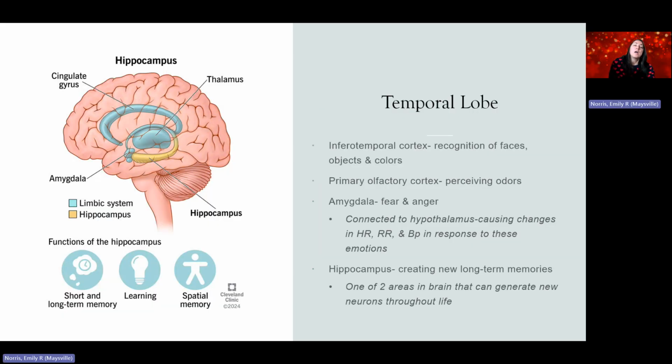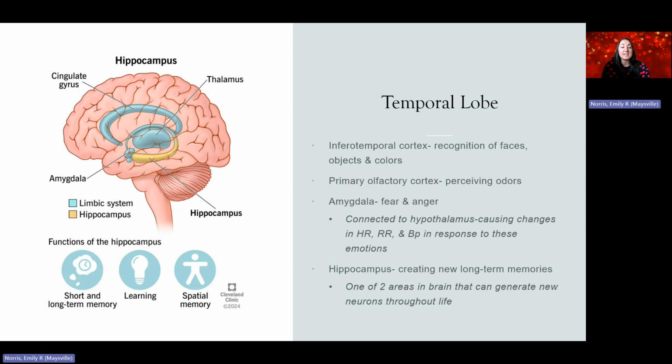Temporal lobe. The inferotemporal cortex is what helps you with recognizing faces, objects, colors, things like that. The primary olfactory cortex receives your odors and perceives those.